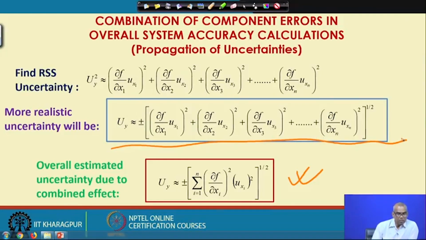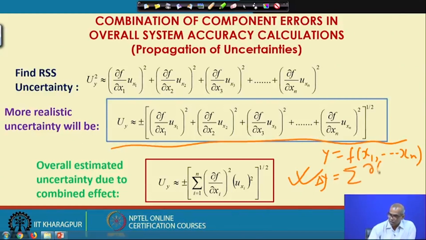So, we started with y as a function of x 1 up to x n, then said using Taylor series expansion we can compute the change in y due to change in x 1, x 2, and so on and so forth, as sigma del f del x i into del x i.